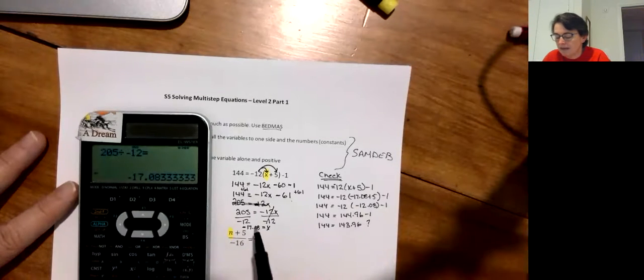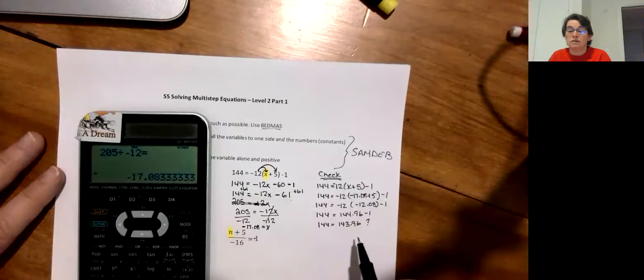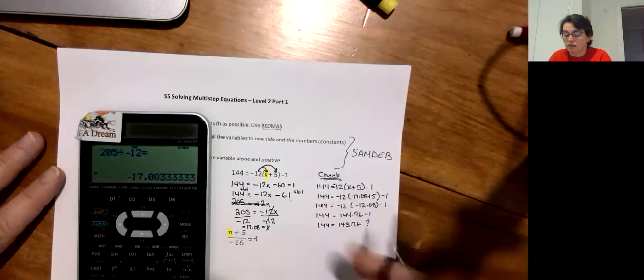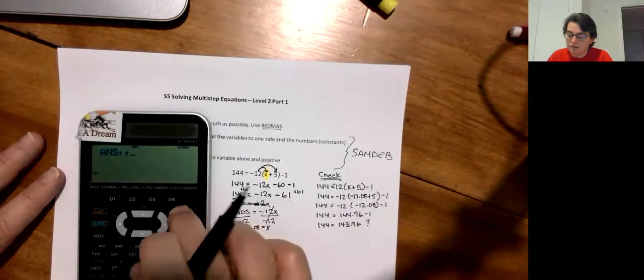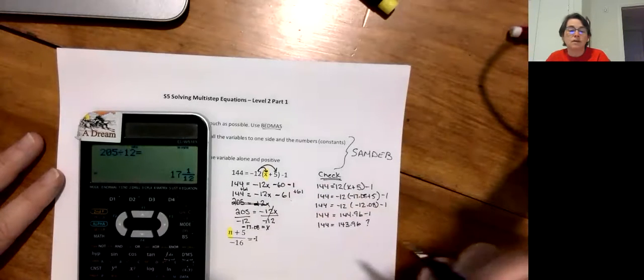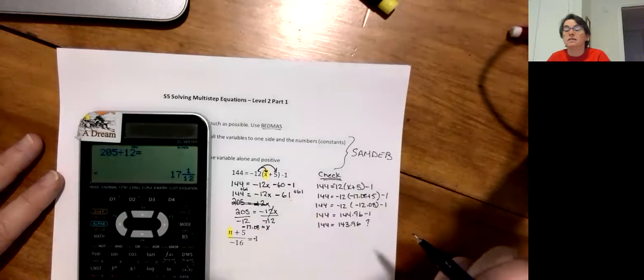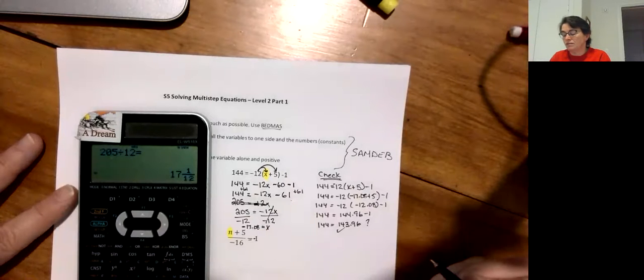If I had added some 3s in there, it would have worked out closer. If I had actually used 17 and 1/12, using a fraction, it would have been exactly the same on both sides. So even though it's slightly off, I'm going to consider it close enough because of the rounding.